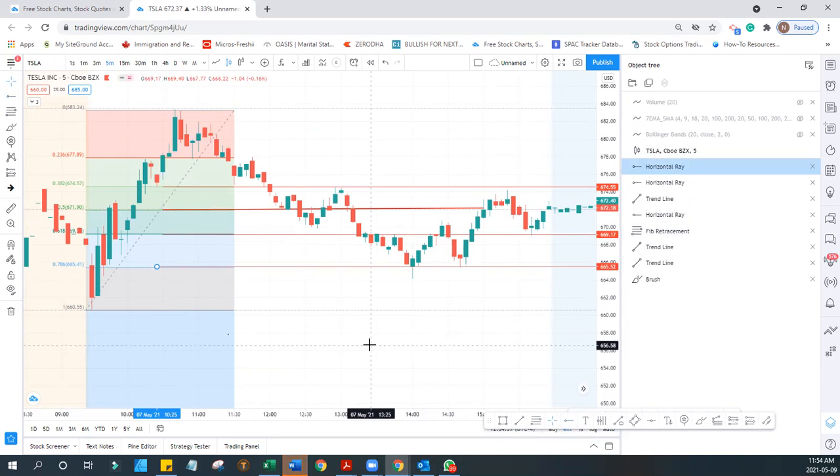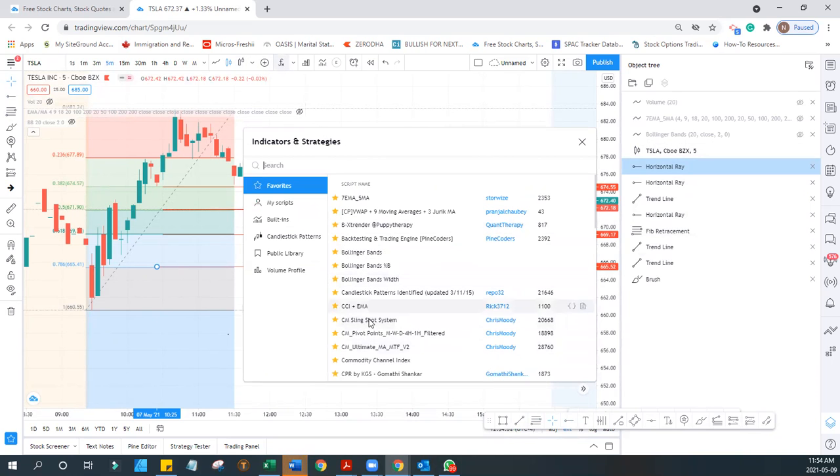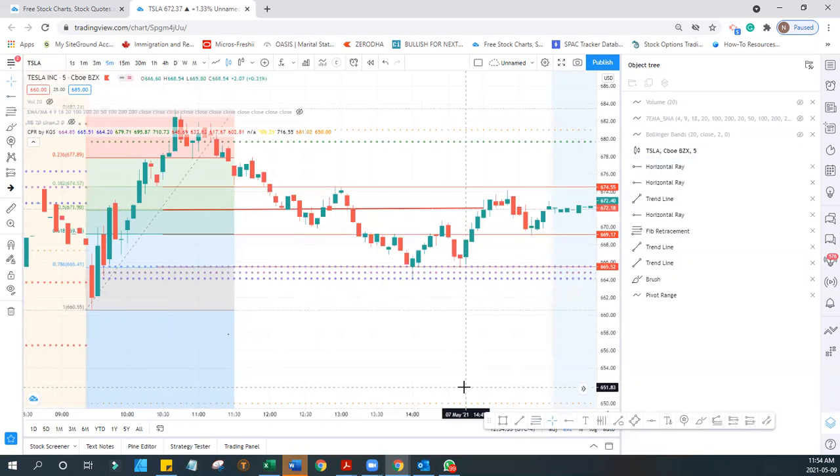Okay, can I say these things according to the CPR or according to the Fibonacci level? Yeah. Now let me put the CPR here as well, just to see how CPR worked at the same time, because it's all about confirmation. Do you see this line was also given by the CPR?